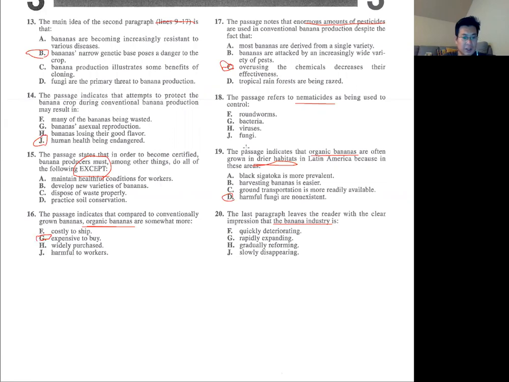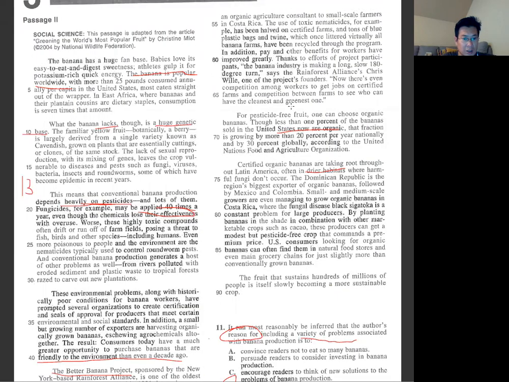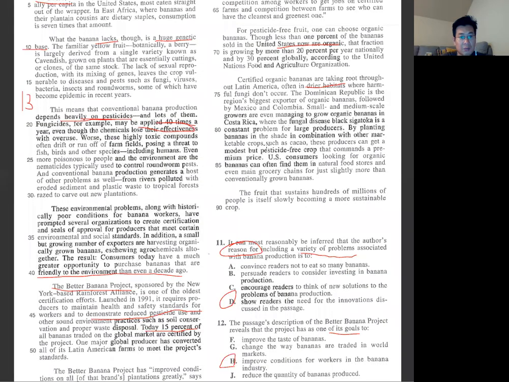That's why it says, line 70, 69, 70, yeah, sold in United States now are organic, and the fraction is growing by more than 20%, because they can sell it more expensive.